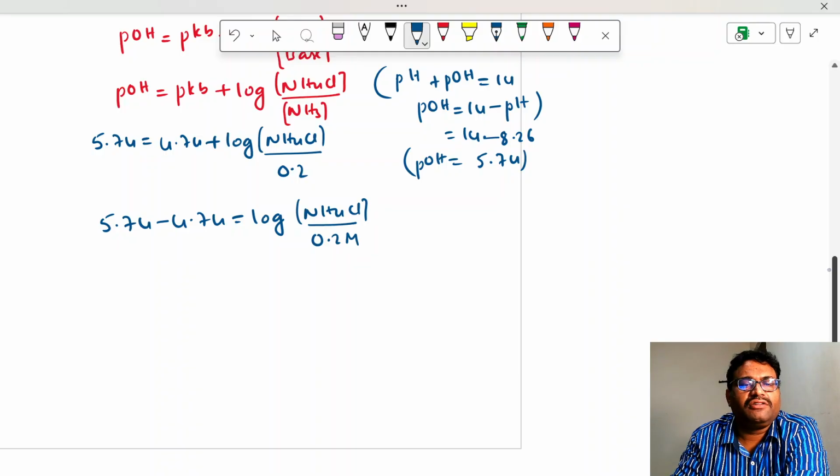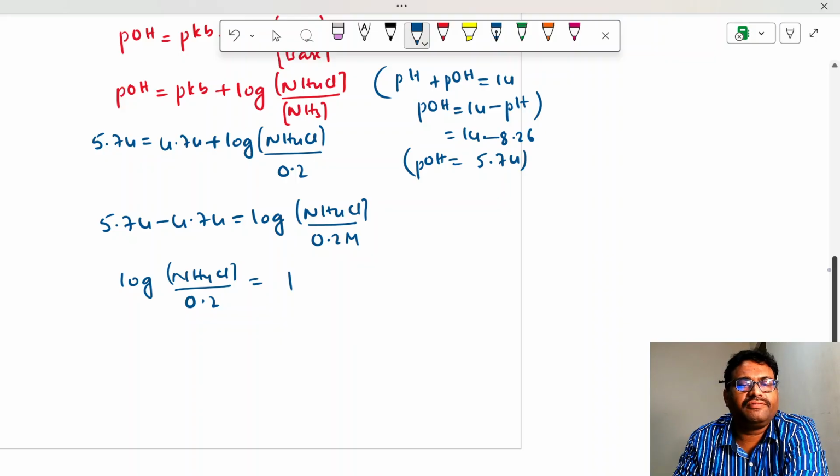So log of NH4Cl concentration by 0.2 is equal to 1, which can be written as log 10.